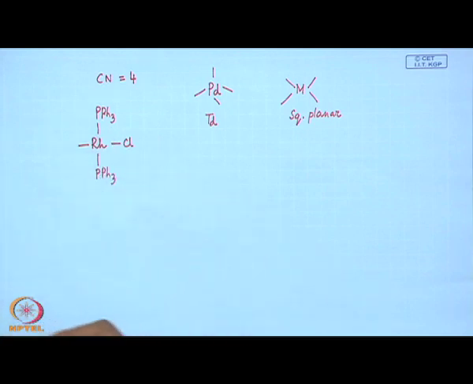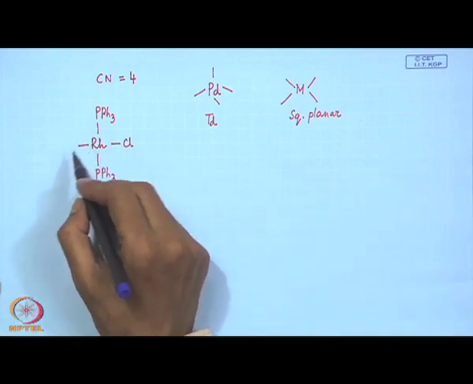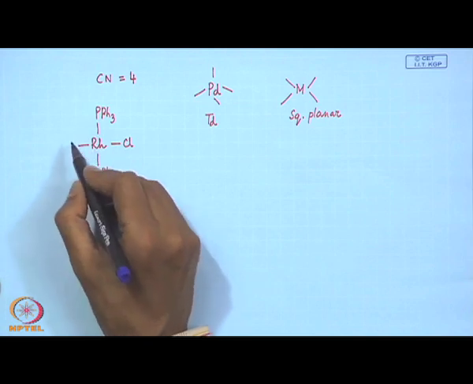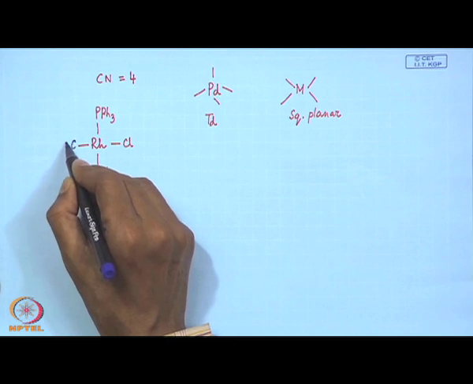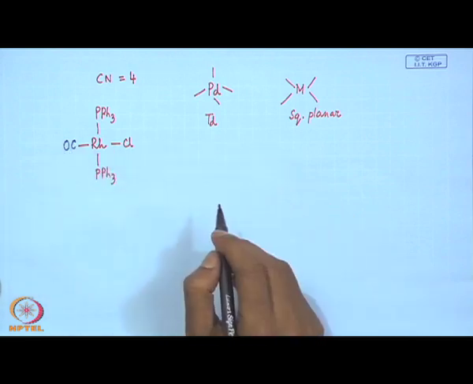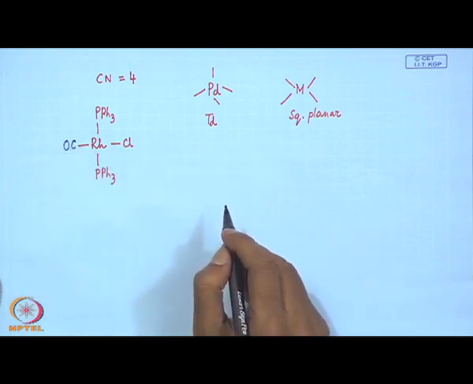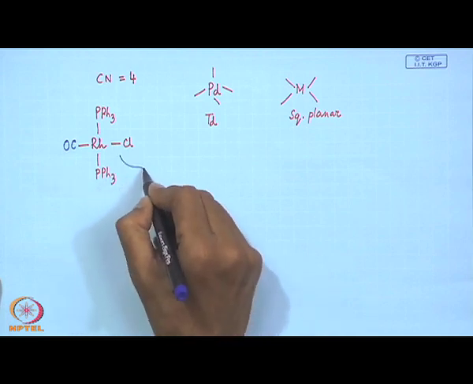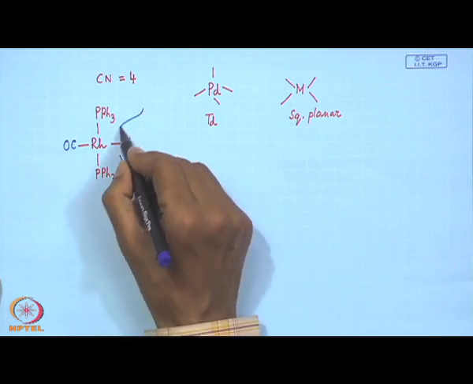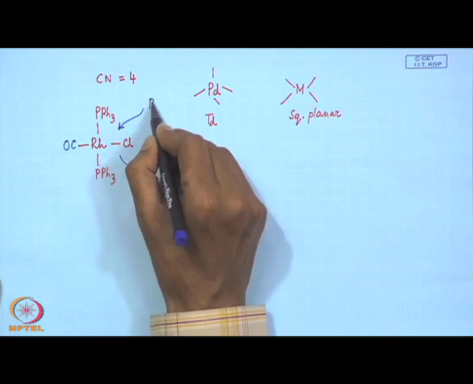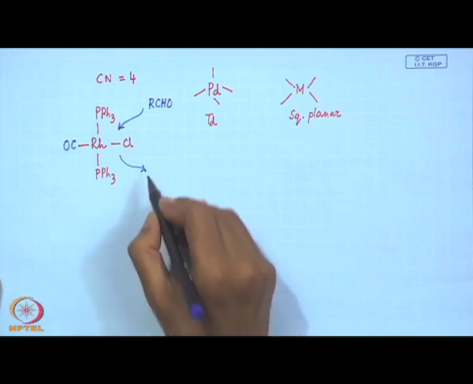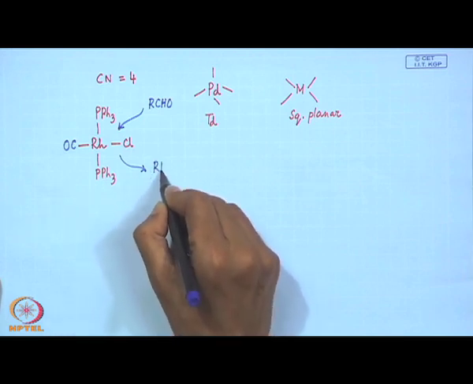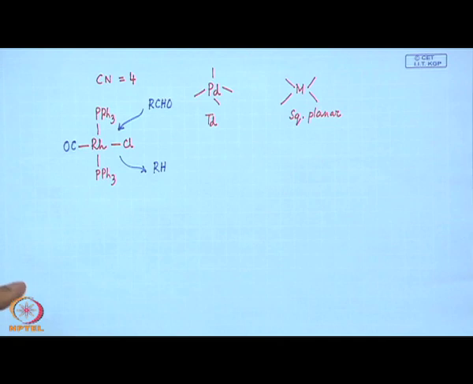What was present over there in the trans position was also occupied by another phosphine molecule, but during the reaction with any aldehyde, it can be the corresponding benzaldehyde also, RCHO is entering in the medium and the corresponding hydrocarbon is being removed.